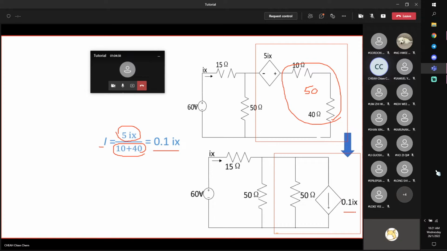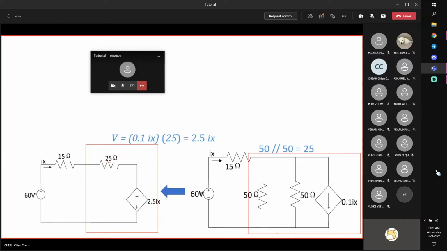The important thing is the direction. The current should flow downwards. So I have a downward current source, and a resistor of 50 ohms in parallel with it. Now the nice thing is that I can simplify these resistors. 50 in parallel with 50 means half, same values, half, 25. Even if you use 50 times 50 divided by 50 plus 50, it also means 25.